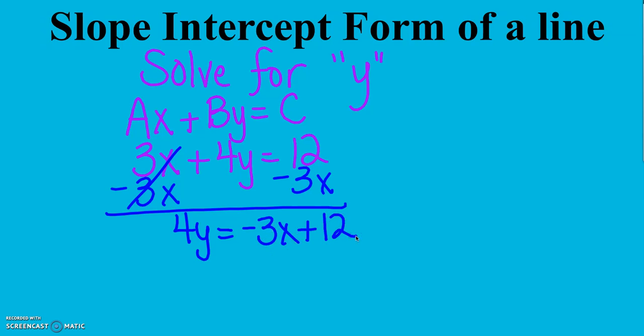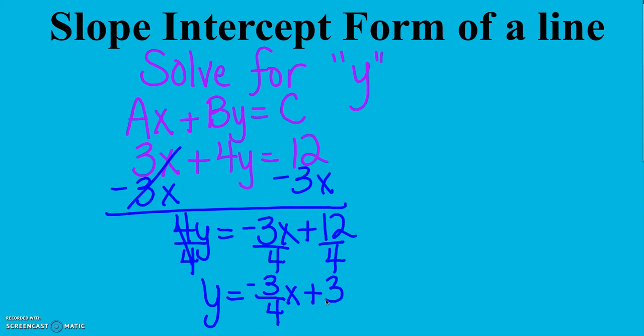You can write that as 12 minus 3x. I prefer the negative 3x plus 12. Then we're going to divide each term by 4. So I have y equals negative 3/4 x plus 3. Now, that equation is now in slope-intercept form.